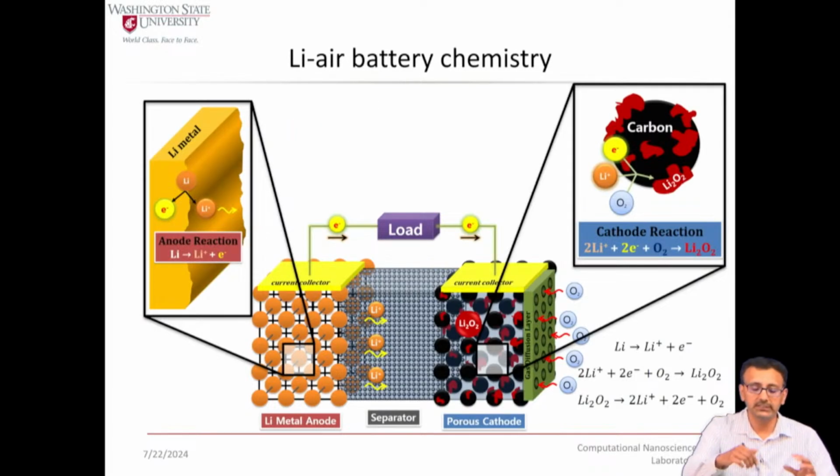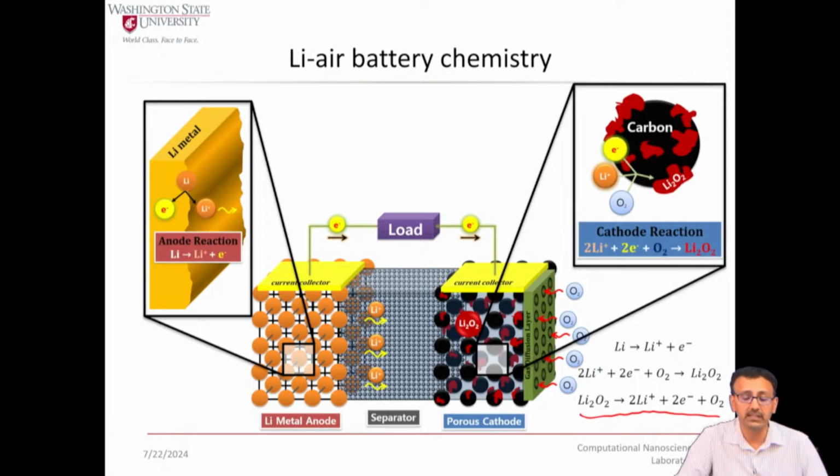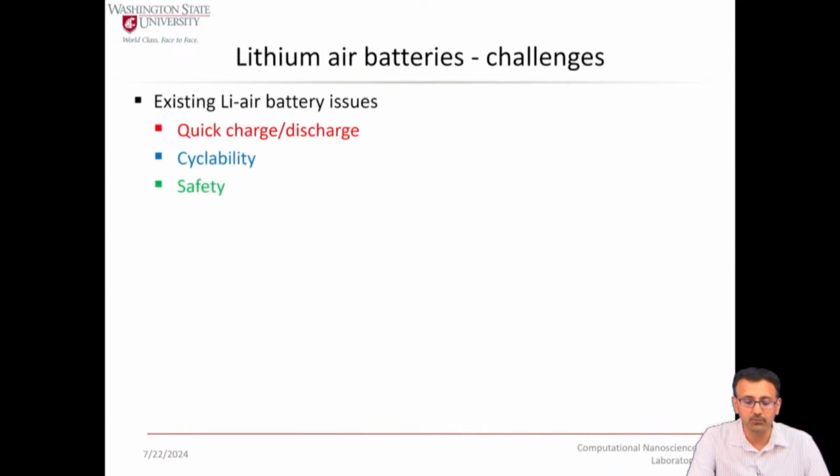The charging process is obviously the reverse reaction, where the lithium peroxide breaks down into lithium ion, gives away electrons and oxygen, and then the lithium transports all the way back to the lithium metal anode and grows as a layer on top of the lithium metal. So this is how the lithium air battery works.